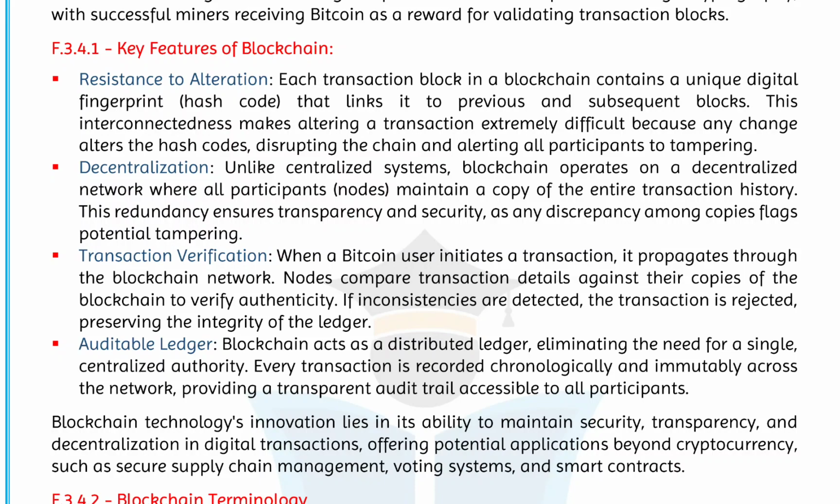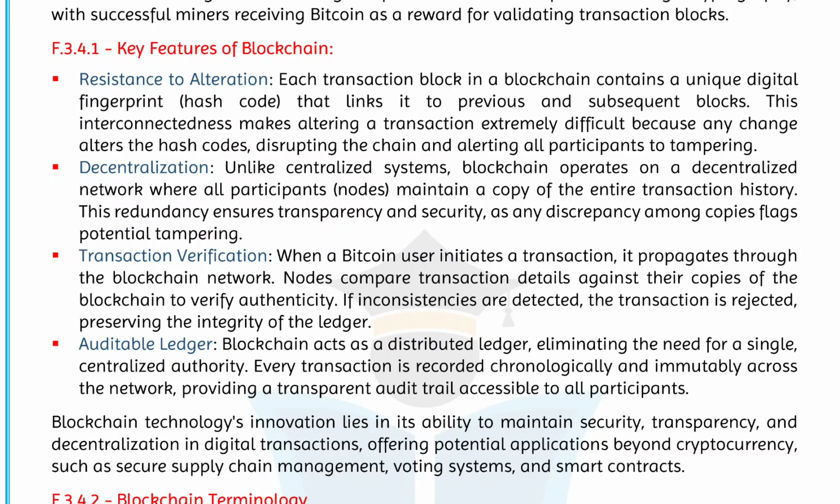There are a lot of complications involved, but I'm keeping it at an overview level. Blockchain is like a database. The first feature is that it is practically impossible for anyone to make modifications to the data. Once the data is saved inside a blockchain, you cannot change it.